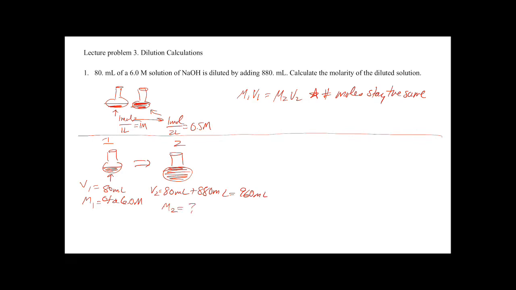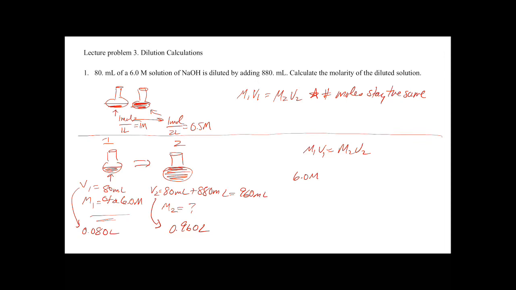So we're going to set up our M1 V1 equals M2 V2. And for this, we're going to have our information from the first one, which is 6.0 molar. And we're going to convert 80 mL into liters. So this is going to be 0.080 liters when we convert this to liters, if you divide by 1,000. Same thing here. This is going to be 0.960 liters if you do the math and divide by 1,000.